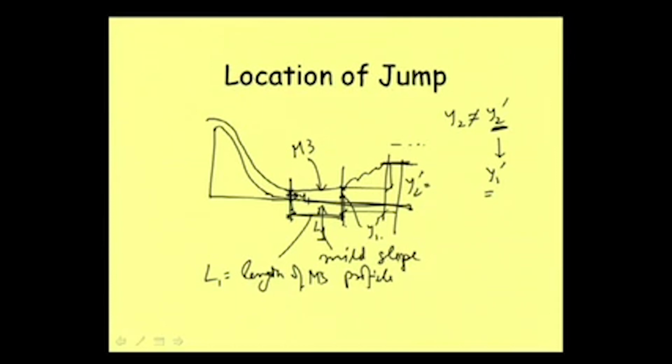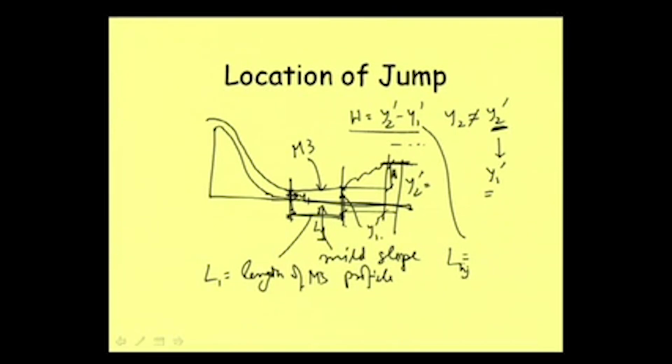If the height of this hydraulic jump is y2 dash minus y1 dash, then the length will be 6 times of this y2 minus y1. So this will give us the length of that hydraulic jump.